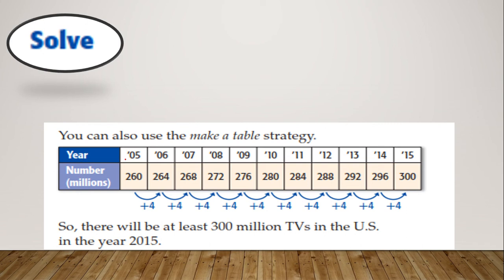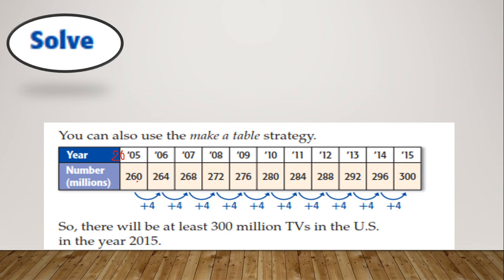Okay, to not make the table very big, 0 represents 2005, 06 represents 2006, and so on. Okay, we know that we start in 2005. In the year 2005, the number of televisions was 260 million, right?